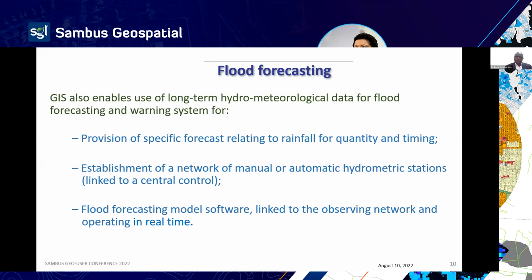And this last point is very important, because when it comes to flood forecasting, and especially when we're talking about mitigation of flooding, if we can actually have the network, and that is one of the things that is lacking, the data or the weather stations that are wireless or in a network that can be linked together to enable us to forecast the flooding, it becomes a very dicey issue in a country like ours.